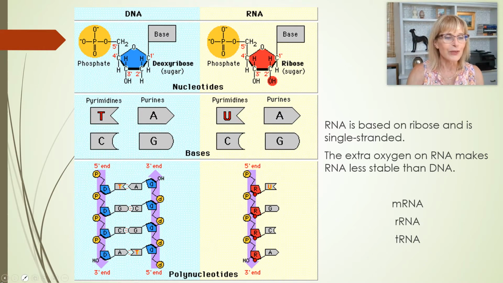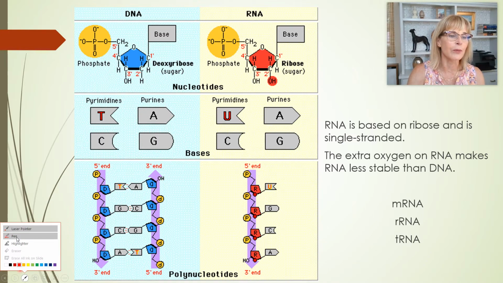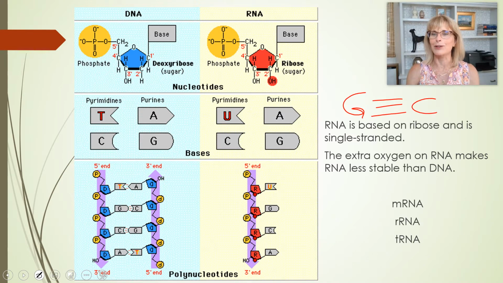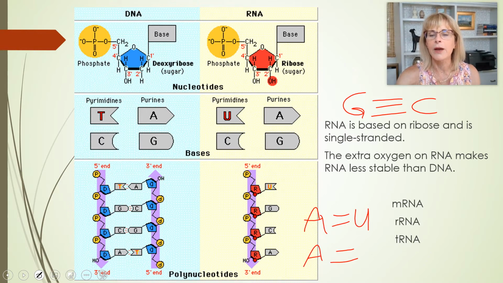And by the way, the way I remember the binding rules of complementarity is that the G always goes with the C because they're both round letters, right? And the A binds to the U if it's RNA, or the A binds to the T if it's DNA, okay? So whatever's left.